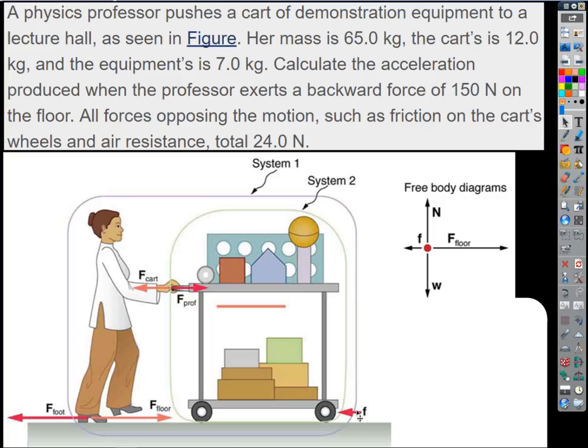I mean, that's kind of weird to say force on the floor. Previously we would have called that the pushing force or something. And do we need to be specific and say it's the force on the foot or the force on the floor? No, those are just the different action-reaction pairs associated with what we might call the pushing force. How would you describe that?